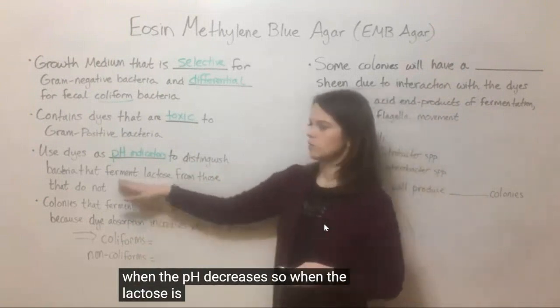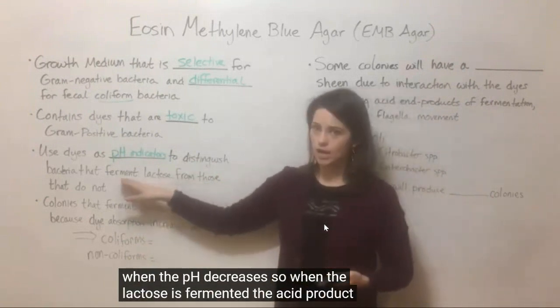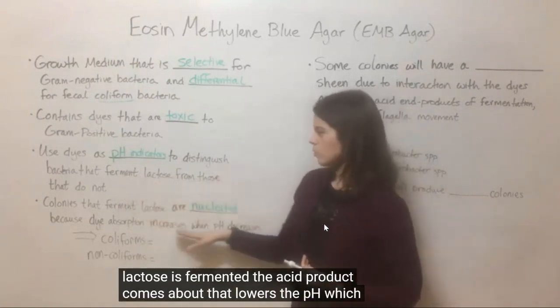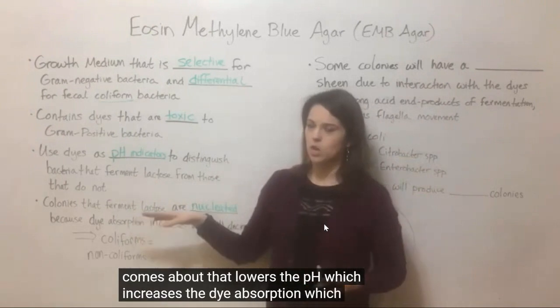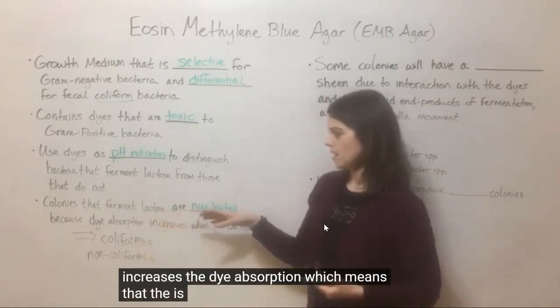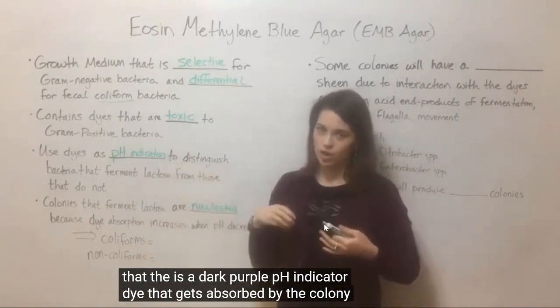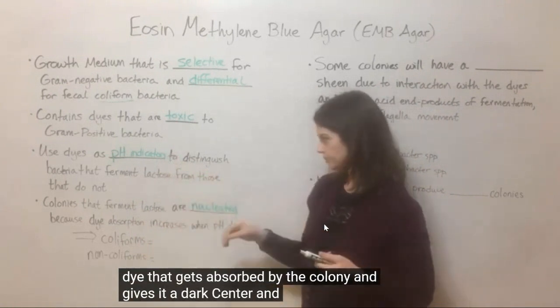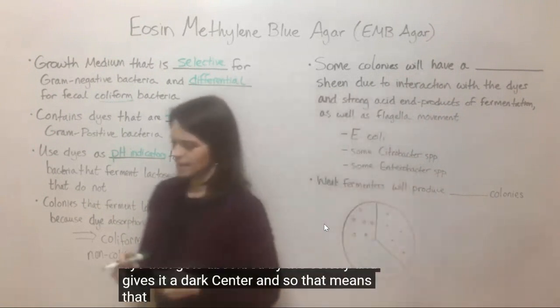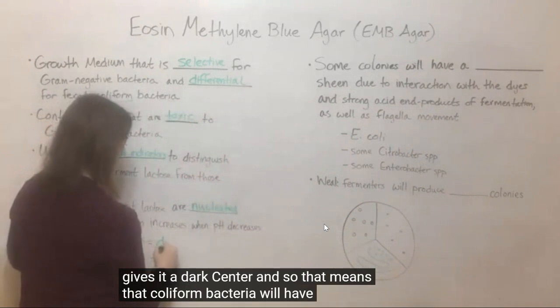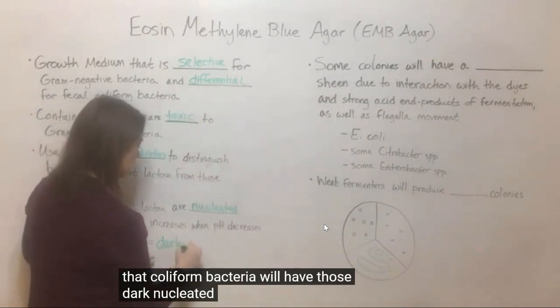When the lactose is fermented, that acid product lowers the pH, which increases the dye absorption, which means the dark purple pH indicator dye gets absorbed by the colony and gives it a dark center.